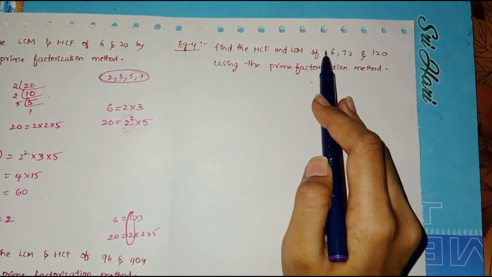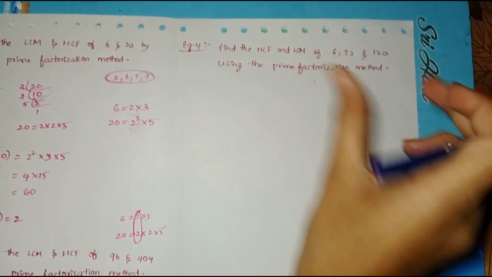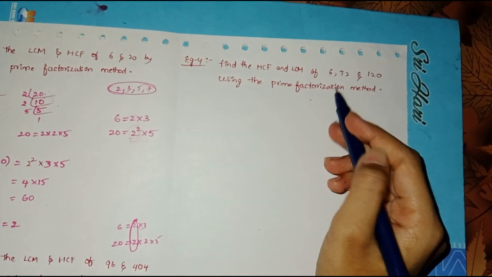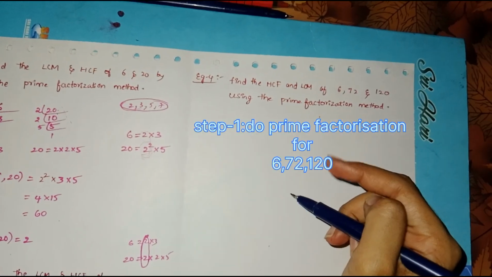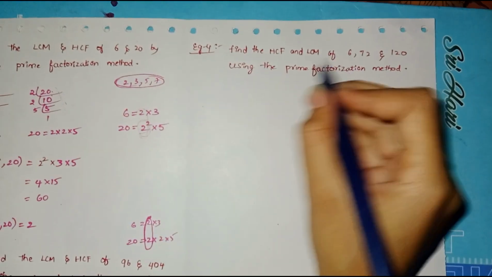Find HCF and LCM for 6, 72 and 120 using the prime factorization method. Step 1, prime factorization of these numbers, and then find the LCM and then find the HCF. Prime factorization for 6.